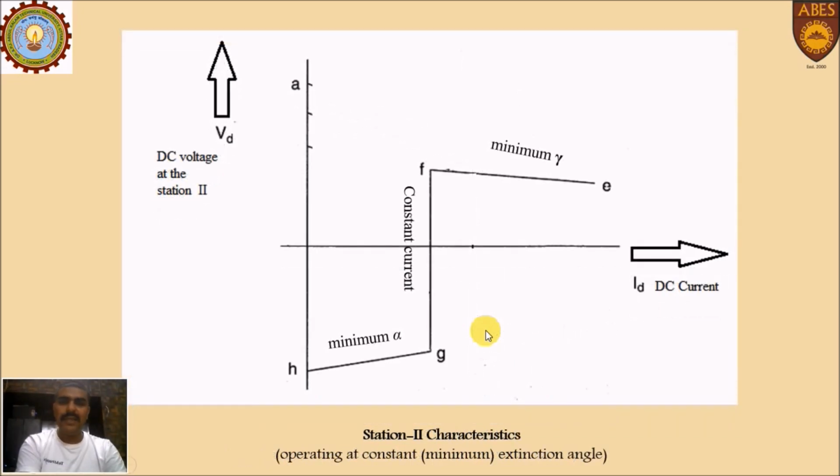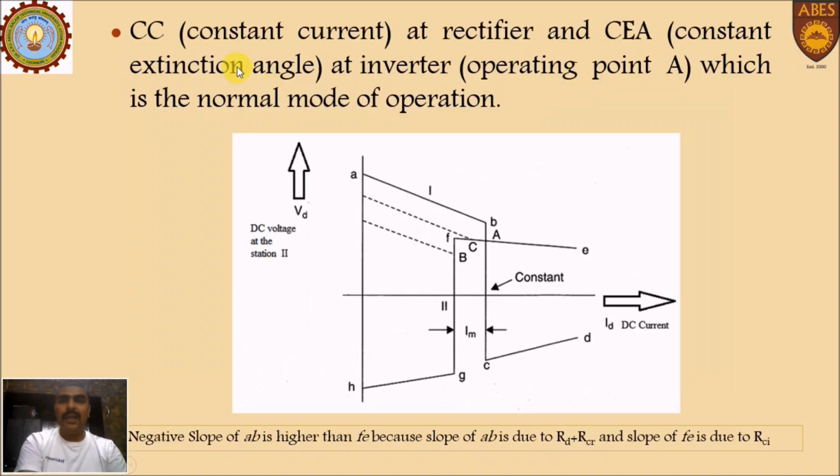Similarly for station 2, this station is operating at constant extinction angle. In this graph, the line HG shows the minimum alpha operation, then GF shows the constant current mode operation, and FE shows minimum gamma or minimum extinction angle mode.